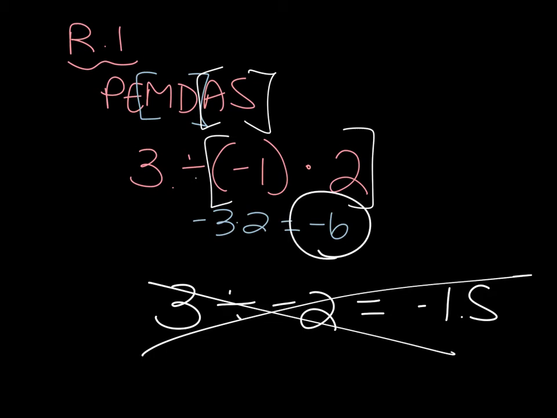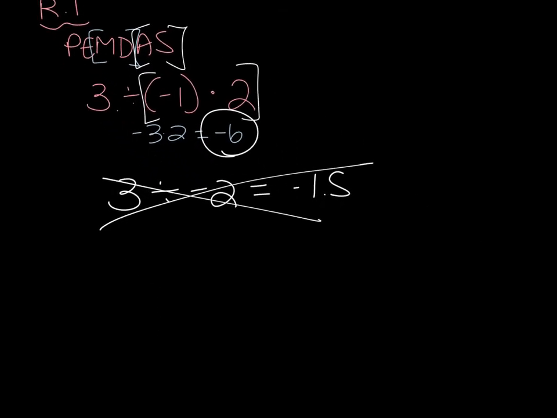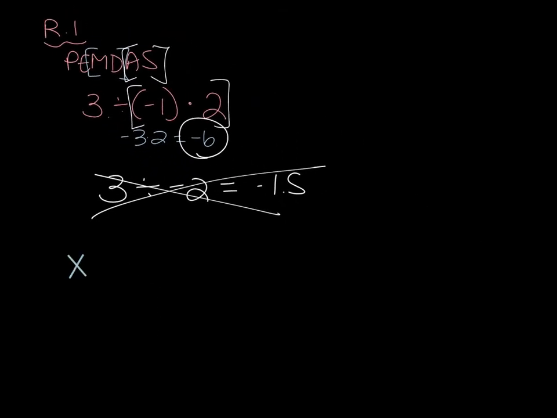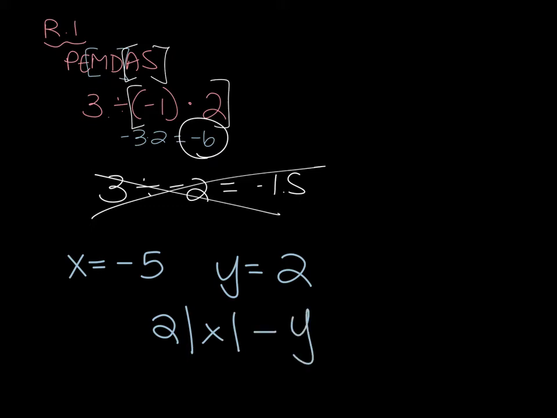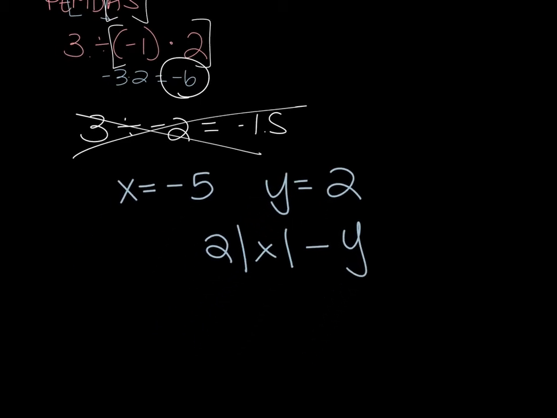You also had in this section, I think this was the section where you plugged in values in the expression. So you had stuff like if x equals -5 and y equals +2. And we had absolute value in this section, so it would have been like 2 times the absolute value of x minus y, something like that. And so you just take those values and plug them in.